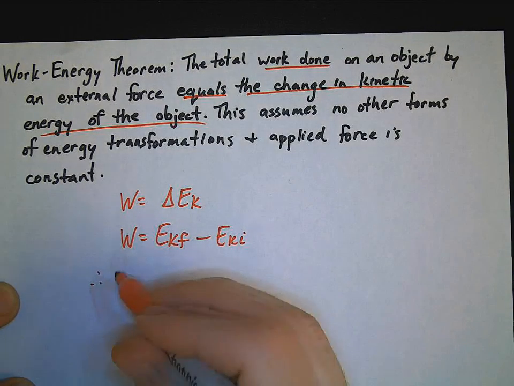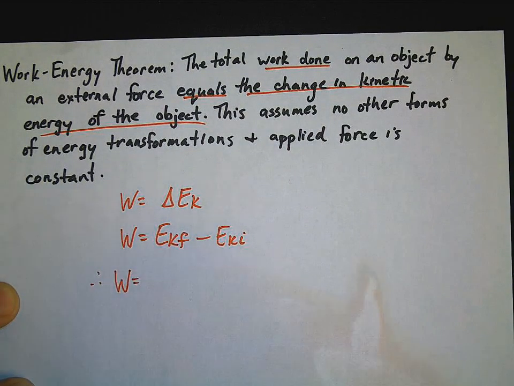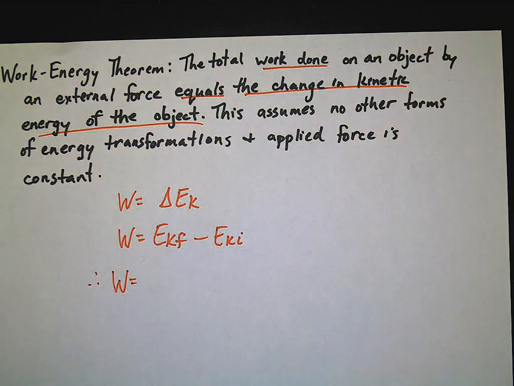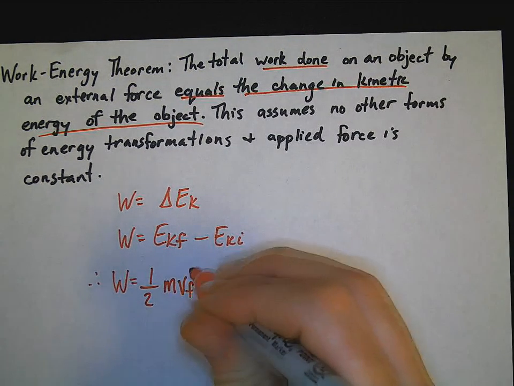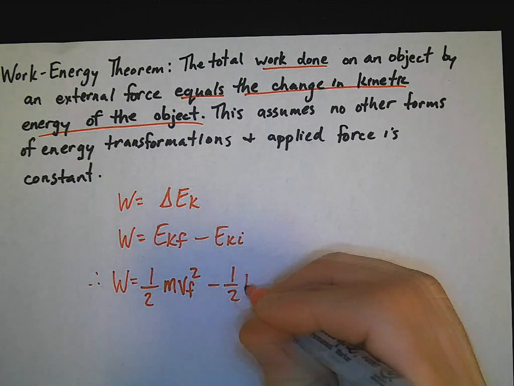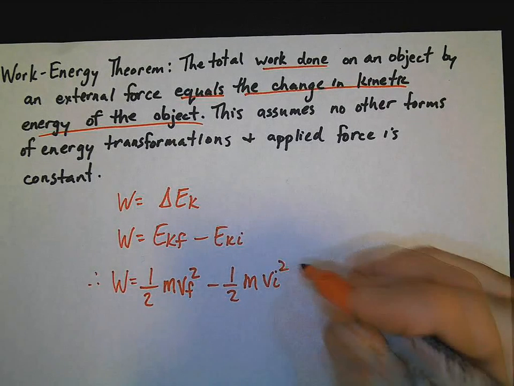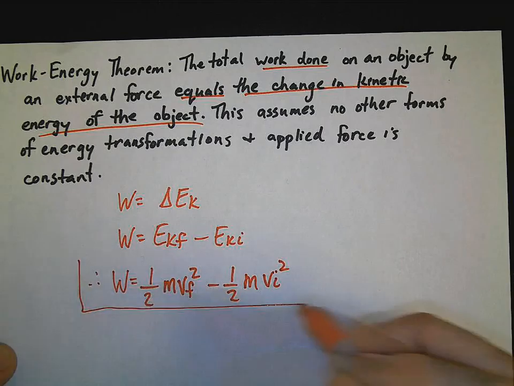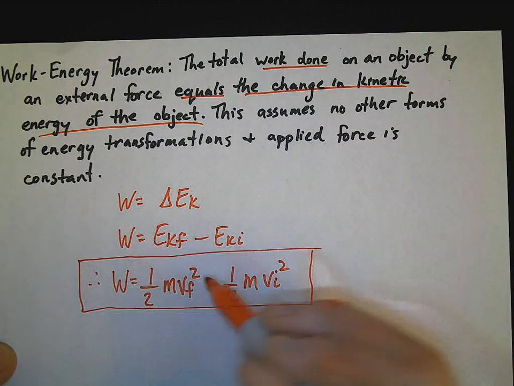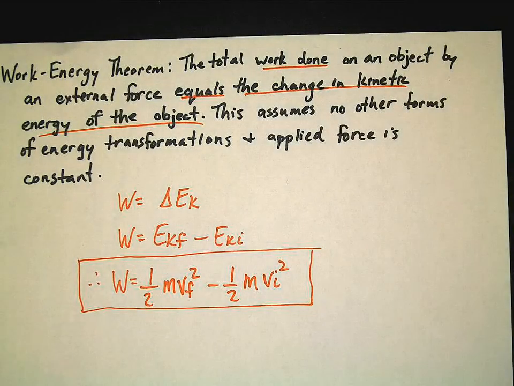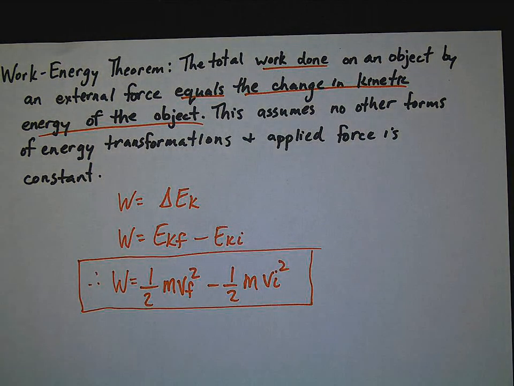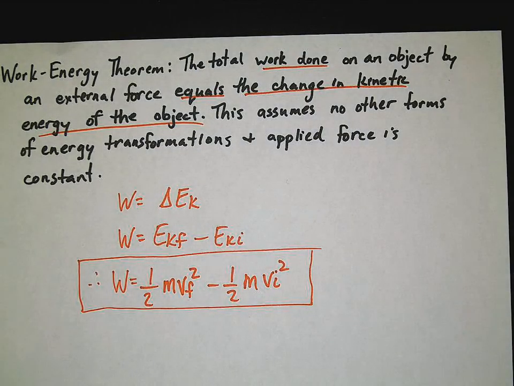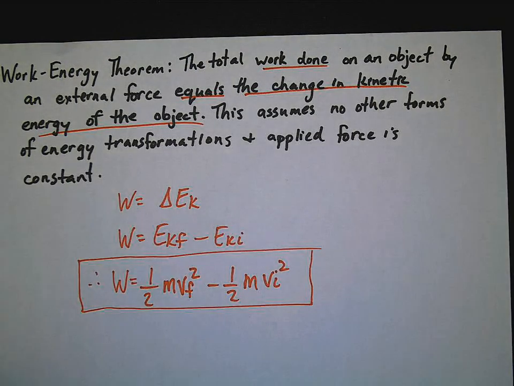So therefore, work is equal to 1/2 mvf squared minus 1/2 mvi squared. And we're going to use this concept quite a bit, and it's going to be shown more in elastic collisions, etc. And we're going to see right now a few examples of how we can use the work energy theorem in an actual problem.